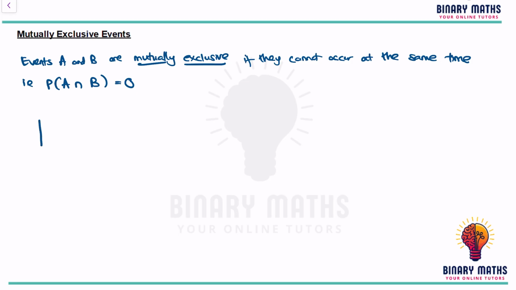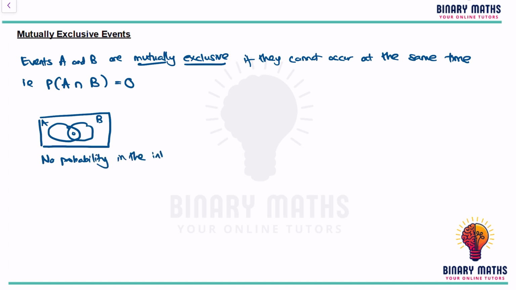So if you think of the Venn diagram, if we have A and B, the probability in the middle is 0. Let's draw it properly. The probability in the middle is 0, which means no probability in the intersection, so it's 0 probability, I should say.